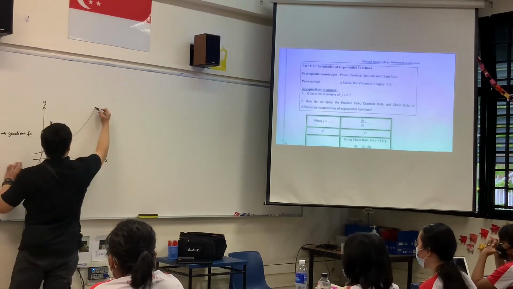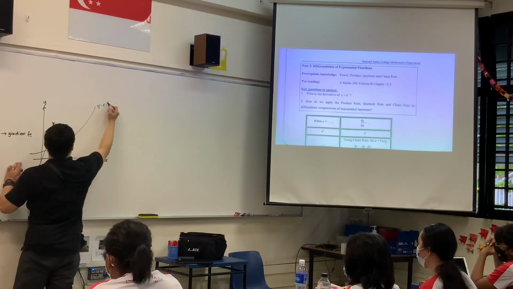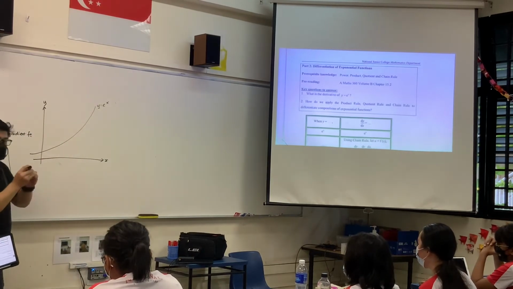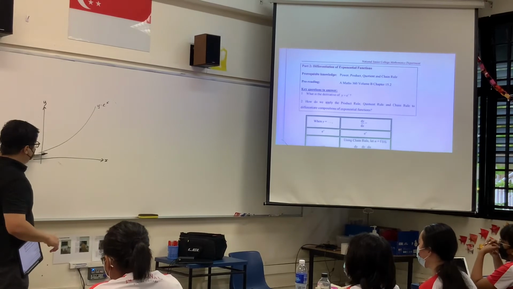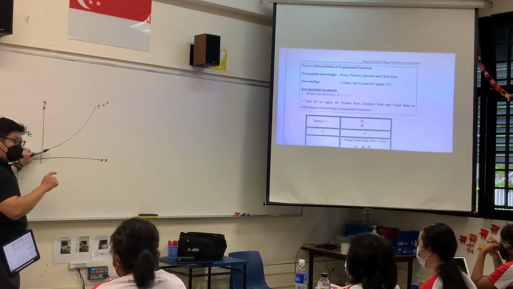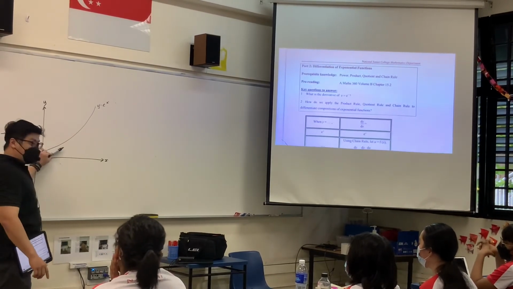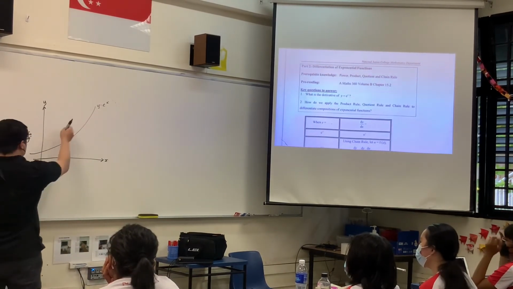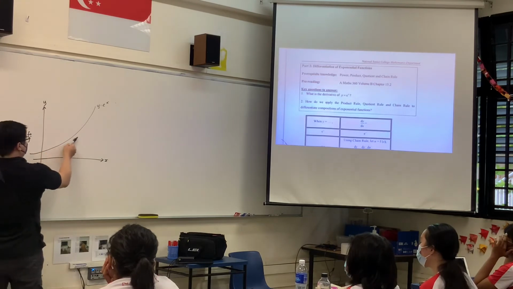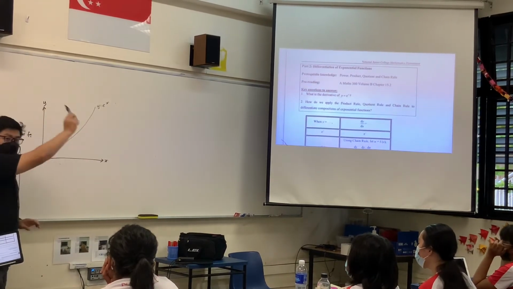So if you look at y equals e to the power x, and you use a tangent, the tangent is moving. You can also see that the gradient of the tangent is going upwards. Can you see it's getting steeper and steeper? So the curve is getting steeper, and the tangent gradient is also getting steeper.